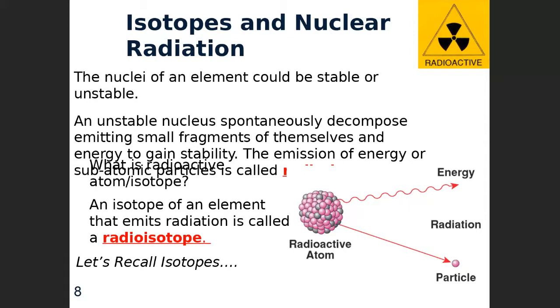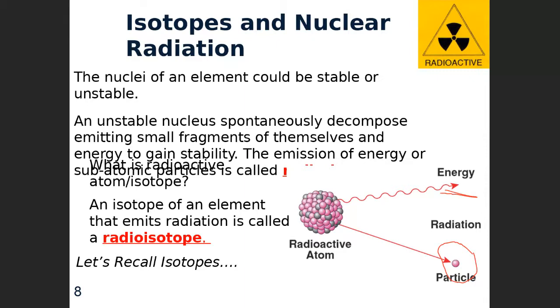When we have an unstable nucleus, it will spontaneously decompose by emitting either particles or energy to change its state from unstable to stable. That's what we call a radioactive isotope. So a radioactive isotope is an isotope of an element that emits radiation.